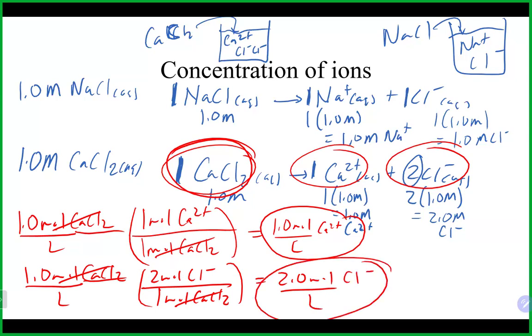That is why we multiply by 1 for calcium, and why we multiply by 2, the coefficient, for chloride, and it works out. So that's the long version of that calculation, but really quickly, you can just multiply by the coefficient, and it'll give you the ion concentration. Any questions on that?